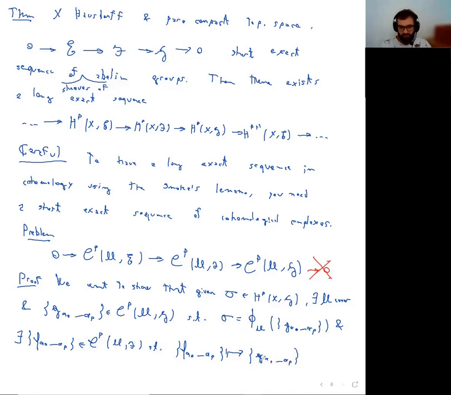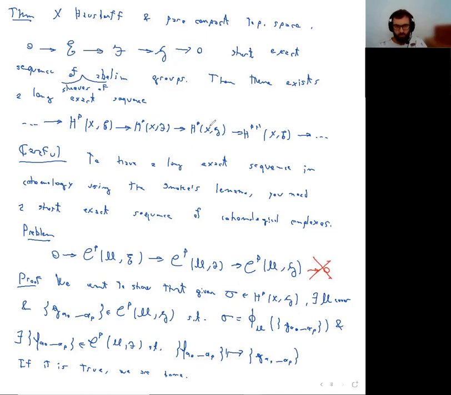Okay, and for what I was saying before, if this is true, we're done. Why are we done? Well, because then for that specific cover U, we can just reason as in the snake lemma, and you're done. The point is that we need to define the map that comes from the snake lemma. So we have to define where the sigma goes to.